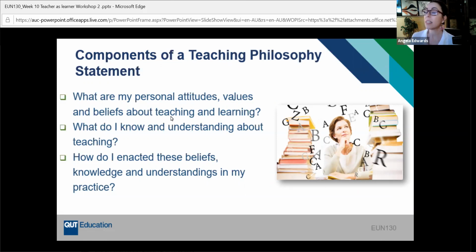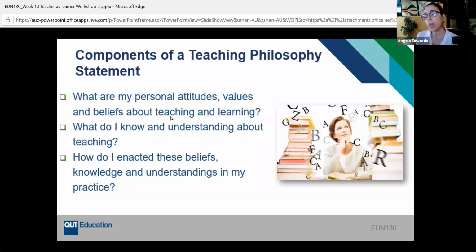So it explicitly outlines your knowledge and your understanding of teaching, and it will provide evidence of how you have enacted this knowledge and understanding in your professional experiences. It's going to be based on what you've learnt at university and then observed and put into practice during your professional experience, and then, as we've been doing, reflecting on that critically.